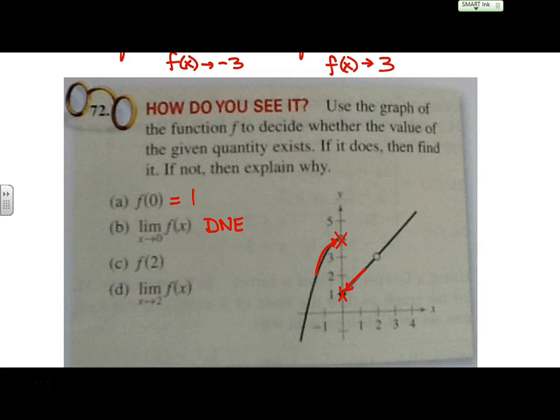Letter C. What's f of 2? Someone different who hasn't participated yet. What's f of 2? What do you think is that? Never mind. You might be right. Brandon.